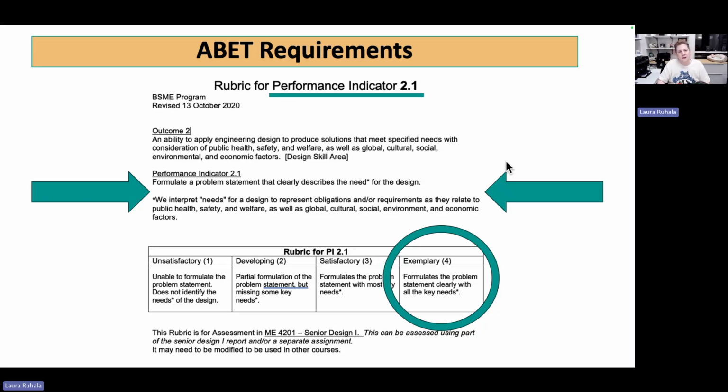This class is different because you have time to revise it and make sure you get up to exemplary. That's why you should all be targeting exemplary, and why I expect you all will be exemplary.